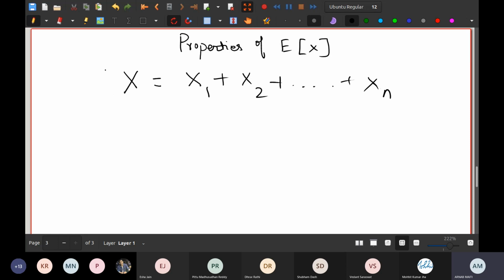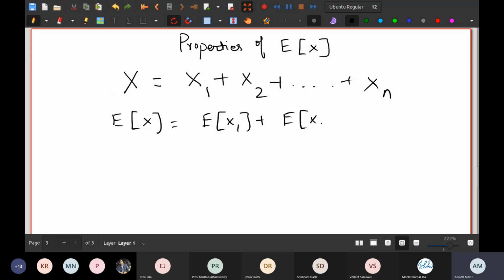If you apply expectation to x, then it will be equal to this. There is a proof for this, but I'm not going to discuss it right now, but if you want I can refer you to that.